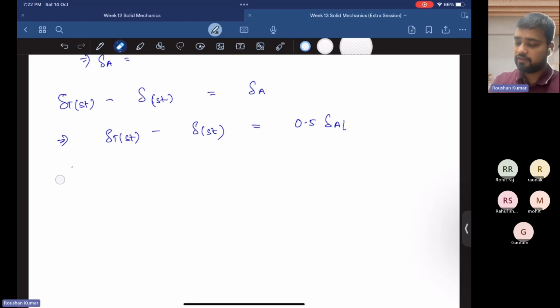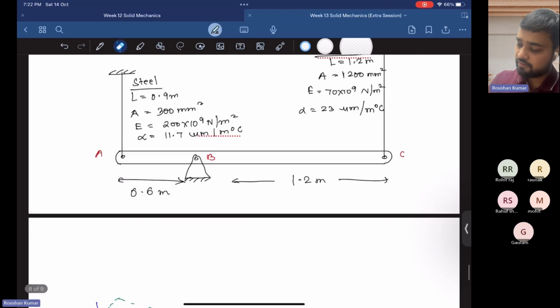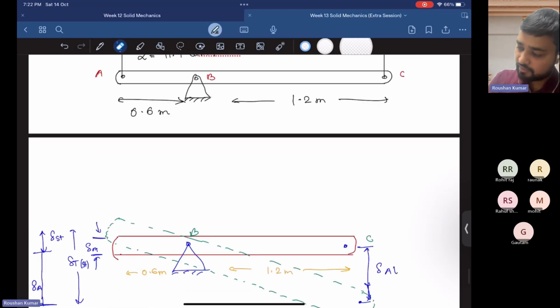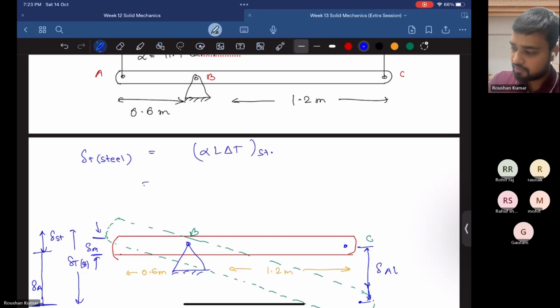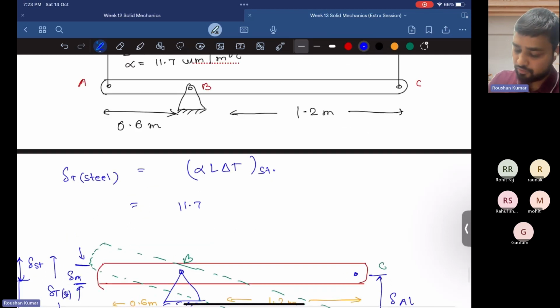Delta T of steel, we have to calculate this first. Delta T of the steel is given by alpha L delta T of the steel. Alpha is given as 11.7 into 10 to the power minus 6, into 900, into 40. This comes out to be 0.4212 mm.